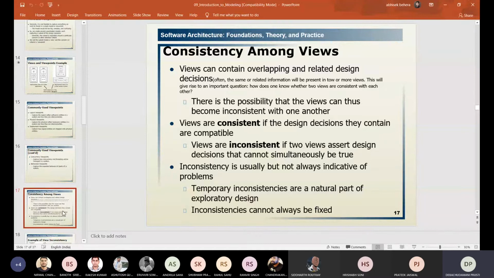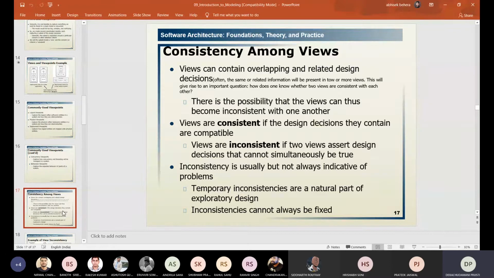This gives rise to an important question: how does one know whether two views are consistent with each other? So the main objective is consistency among all the views. There is some possibility that the views become inconsistent, so one view may be inconsistent with another.